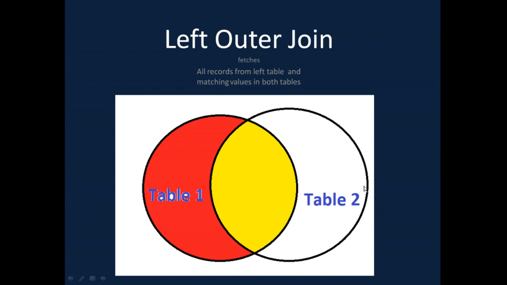In the diagram you can see over here the orange section, which is nothing but unmatching records from table 1 are also considered along with the common section. So what is left outer join? It fetches all records from the left table and matching values in both the tables.